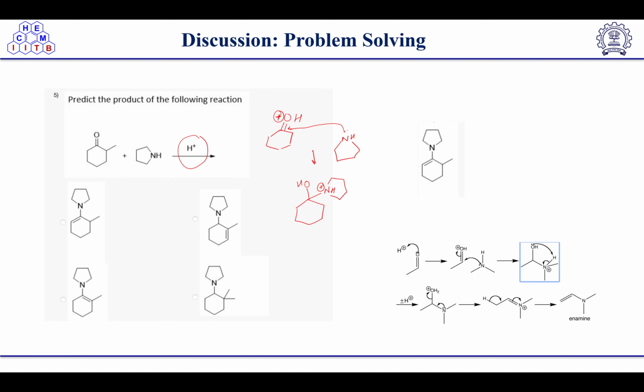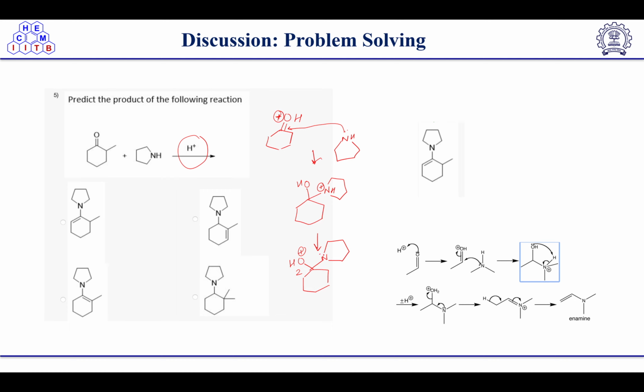Till here all of you are clear? Now what next? The proton transfer will take place. In proton transfer, you will see that this proton will go on the oxygen atom. So we will have water here and nitrogen is here, right? Got it? All of you got this one?